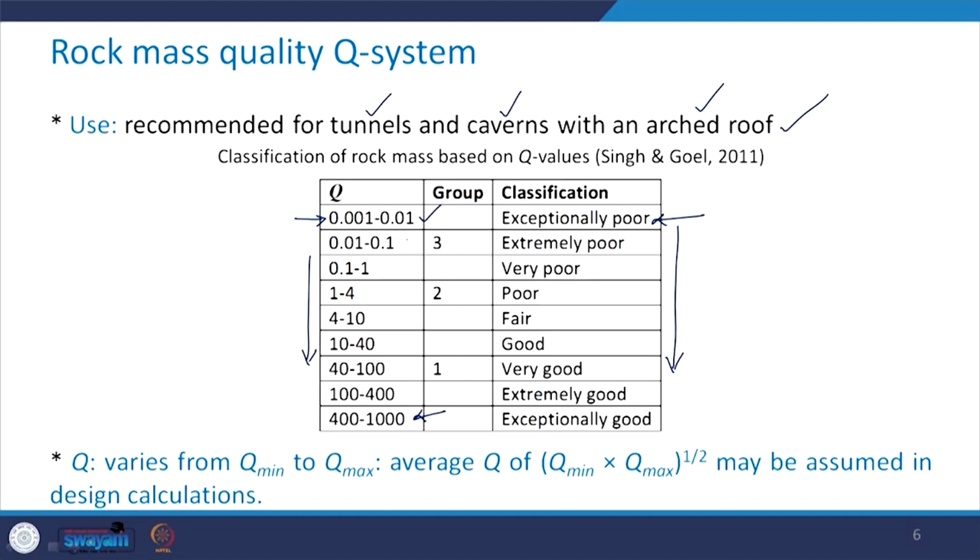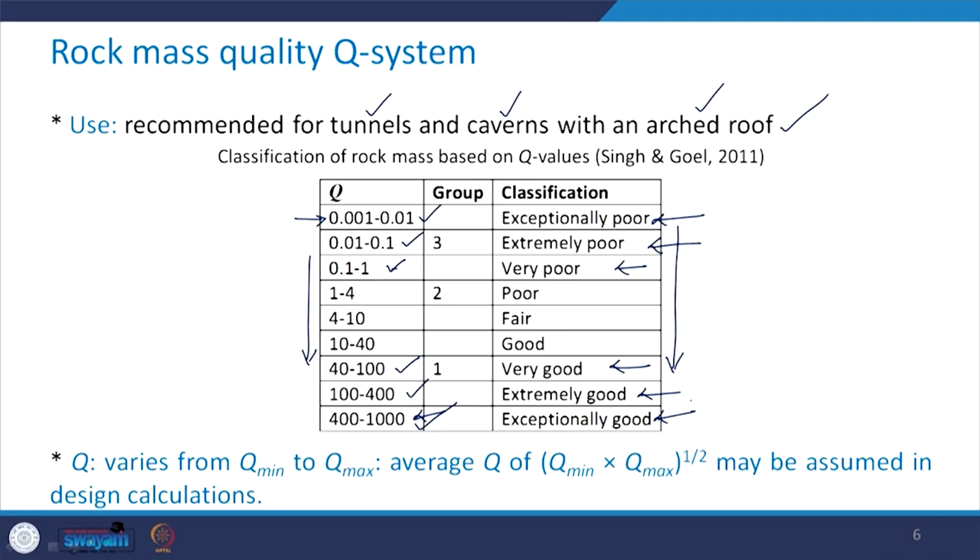For 0.01 to 0.1, it is extremely poor, 0.1 to 1 very poor, and likewise for 40 to 100 it is very good, 100 to 400 extremely good, and 400 to 1000 it is exceptionally good.